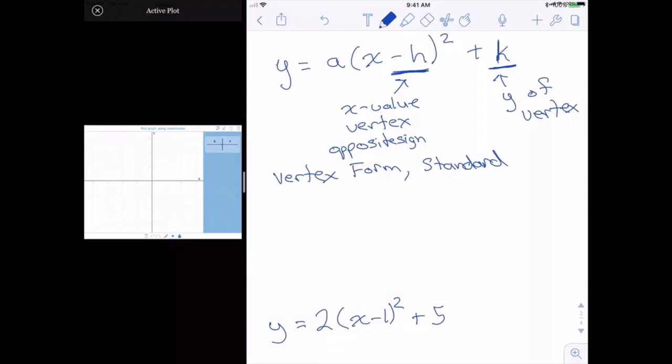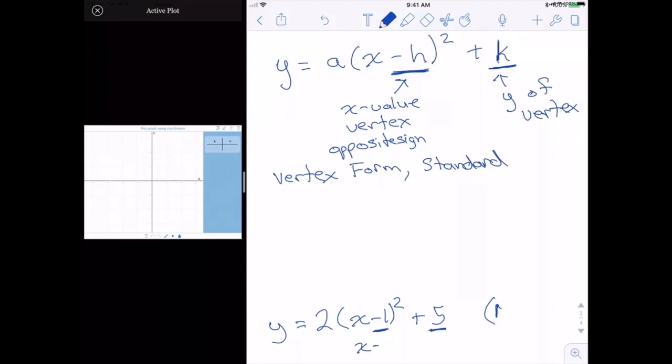You can see here you've got a bracket with a square. The number inside the bracket that goes with the x is going to be the x of your vertex. And remember the sign is opposite. So for my vertex, it would be 1, not minus 1.